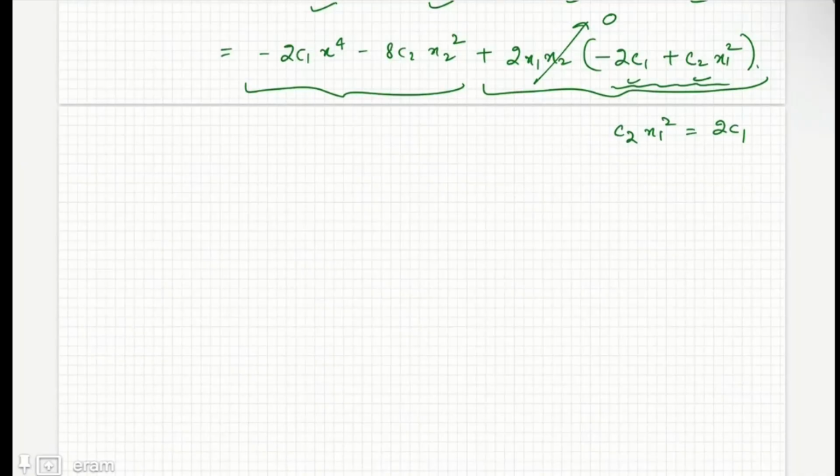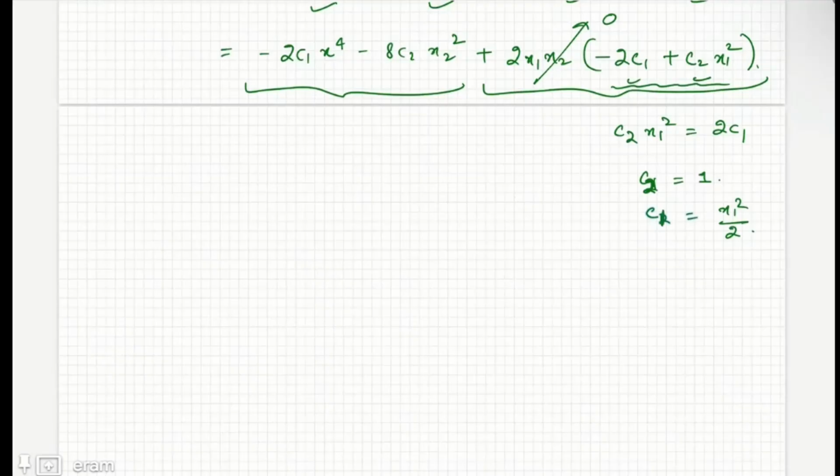Okay, so let's consider c1 as 1. Then this c2 will be something like, no, we should go the opposite way. Let's consider c2 as 1. Then this c1 should be x1 square by 2.